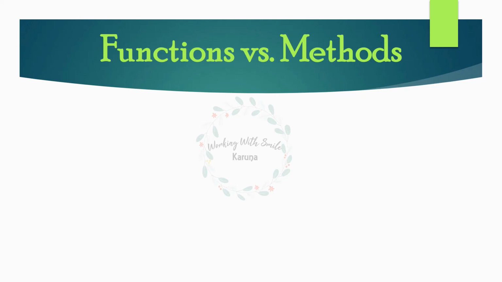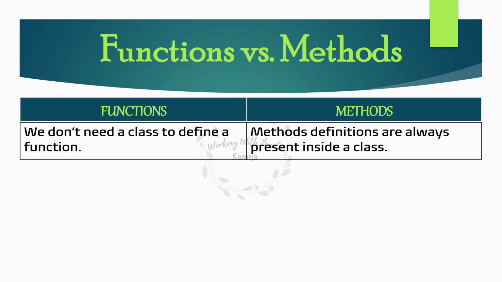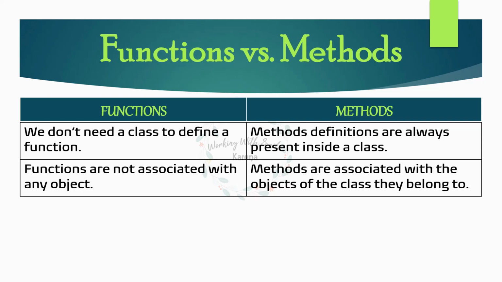Now that you have already worked with functions and methods, you must have understood the way they are invoked. So here is a list of differences between functions and methods. For a function, we do not need a class, whereas methods are always defined inside a class. And because functions do not become part of a class, they can be simply called on their own and are not linked with any object.